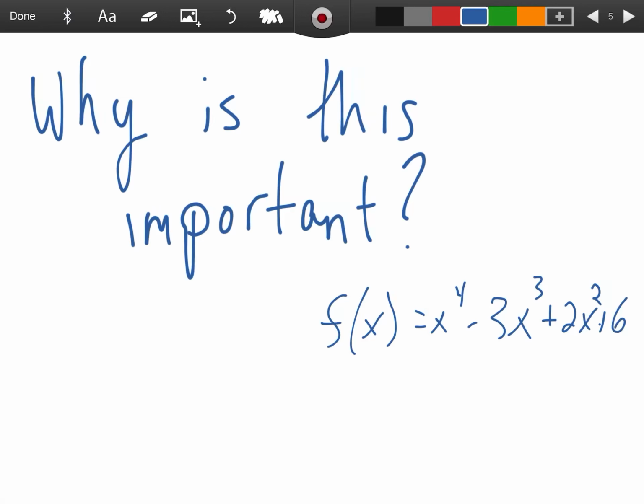So what we need to do is find some value k for which f of k is equal to 0. Because if f of k is equal to 0, then we could divide f of x by the factor x minus k, and we know that we'll get a remainder of 0.